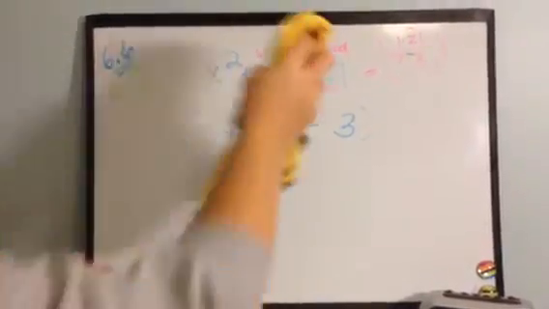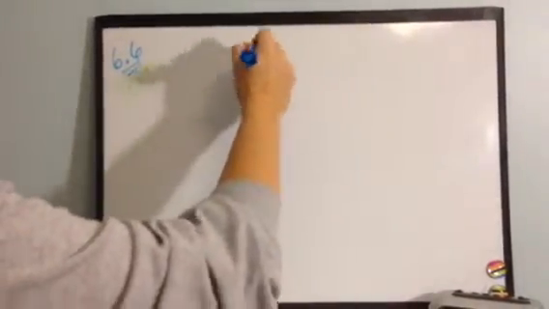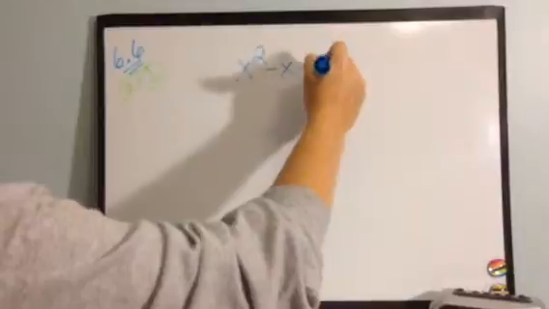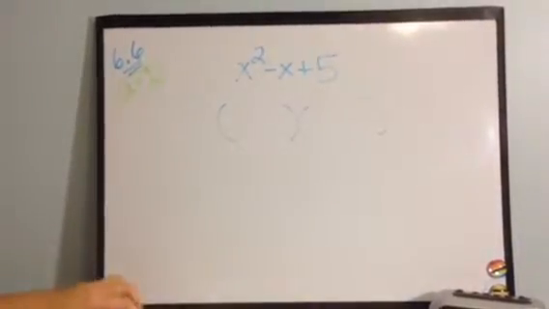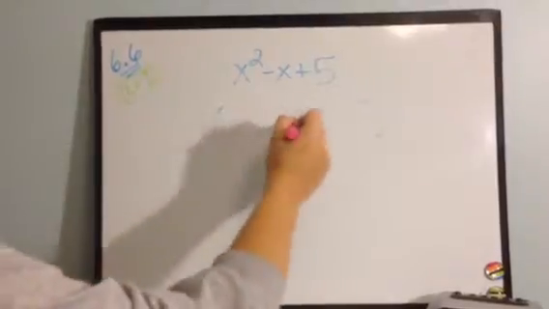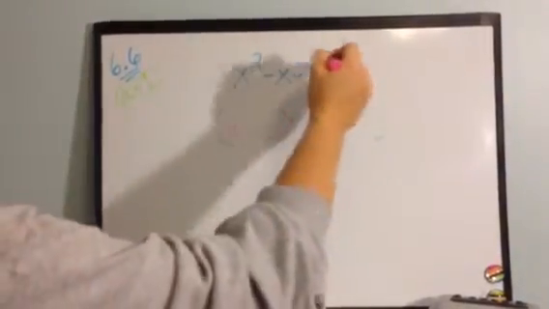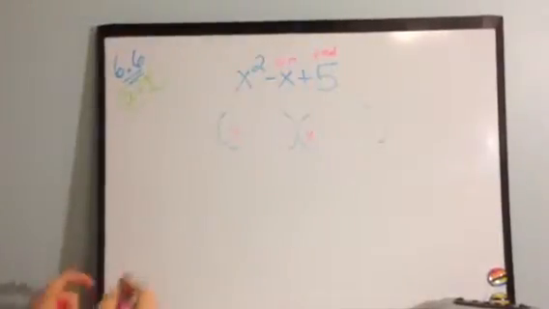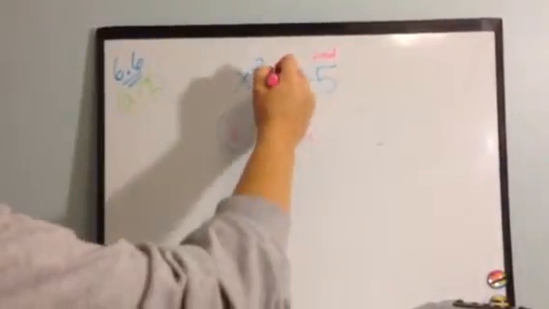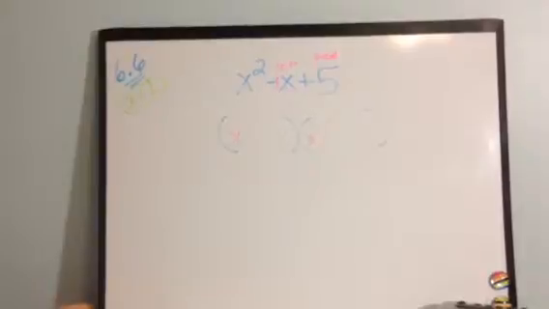Okay? Let me show you one scenario where you can't factor. So let's say I have x squared minus x plus 5. I'm going to try to factor this trinomial. So I know I'm going to start out with an x and an x. So in my next step, I want a product of 5 and a sum of negative 1, because there's an understood 1 there, right?